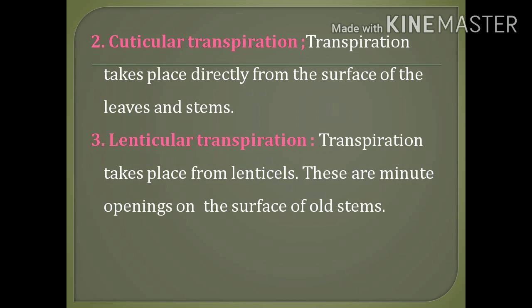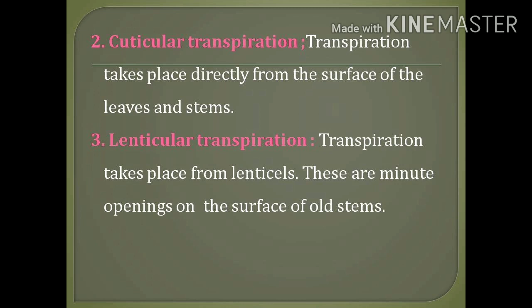But stomata will open and close, whereas lenticels are always in open condition. Water from the cell surface directly facing the lenticels evaporates and contributes to transpiration. The amount of transpiration from the lenticels is certainly more than the cuticular transpiration, but very much less than the stomatal transpiration.